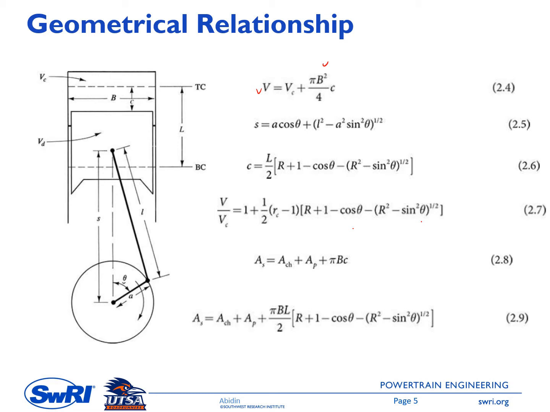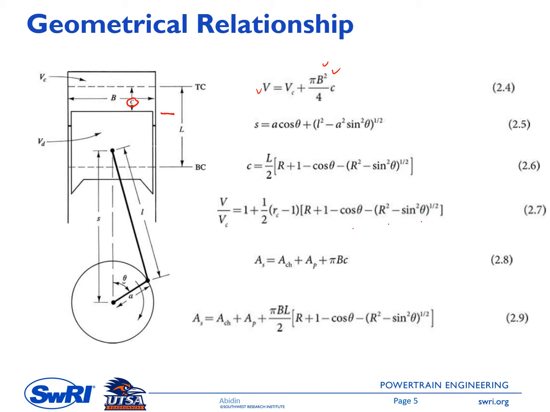And the distance from TC to the certain position is C. Therefore, the volume swept by the piston is the cylinder volume with the height of C, and the area of the cylinder cap here is the circle area with the diameter of B, so capital B. So equation 2.4.